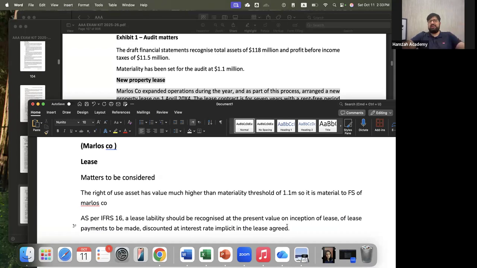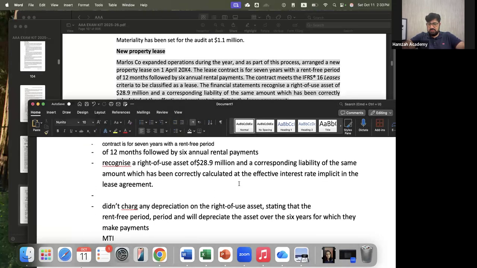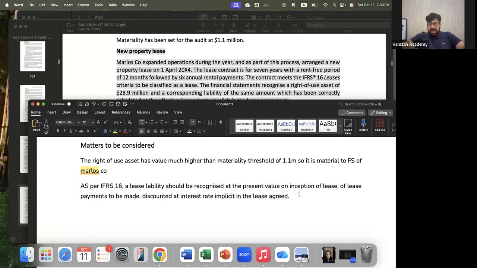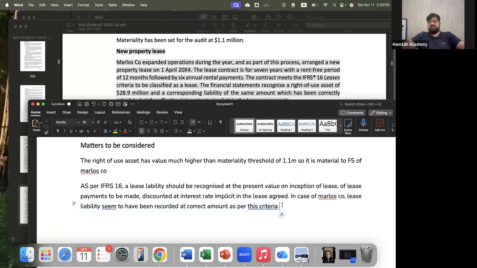What is the interest rate decided? The lease payment liability should be discounted as per that present value of those lease payments. Now applying to scenario, this is very important, and they have done the same, you see. So we will call it now applying to scenario. In case of Marlos company, lease liability seem to have been recorded at the same amount as per this criteria.